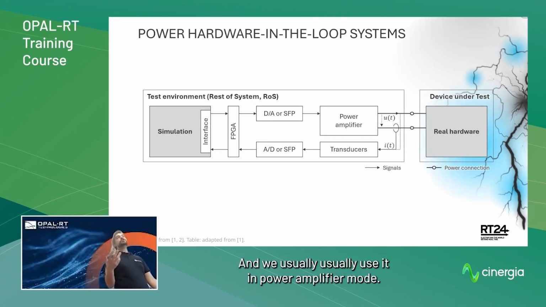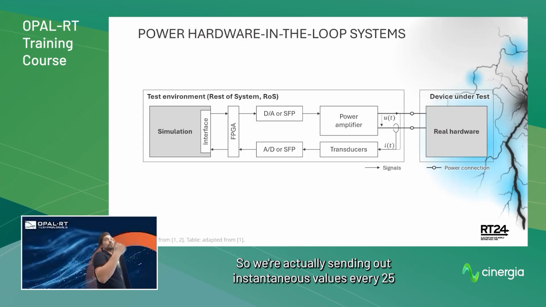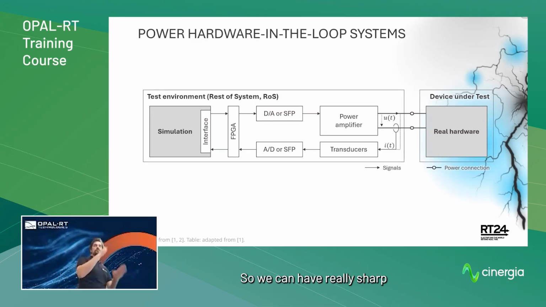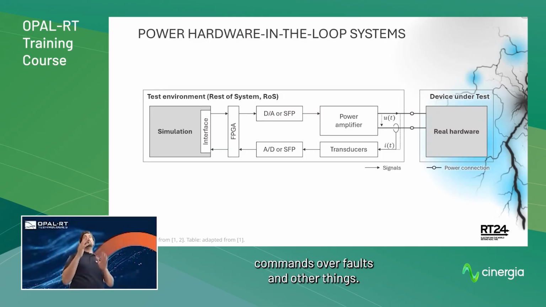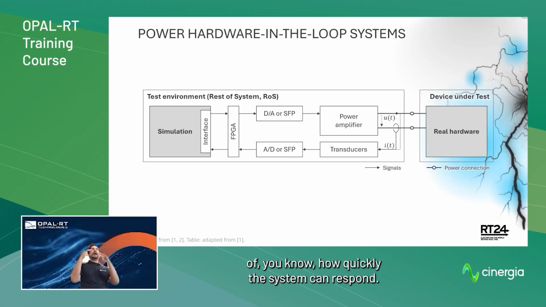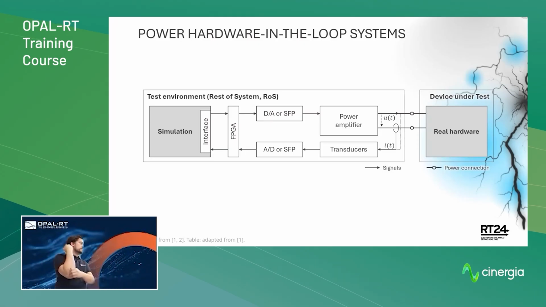And we usually use it in power amplifier mode. So we're actually sending out instantaneous values every 25 microseconds, every 10 microseconds, which is setting the curve. So we can have really sharp commands over faults and other things. Whereas if you're in RMS mode, you're limited by how quickly the system can respond.